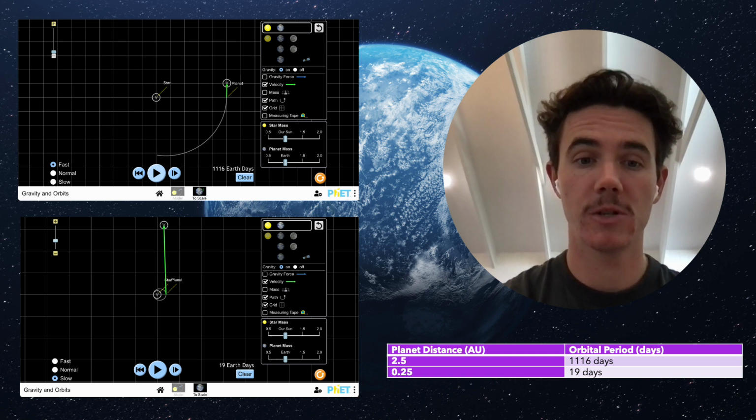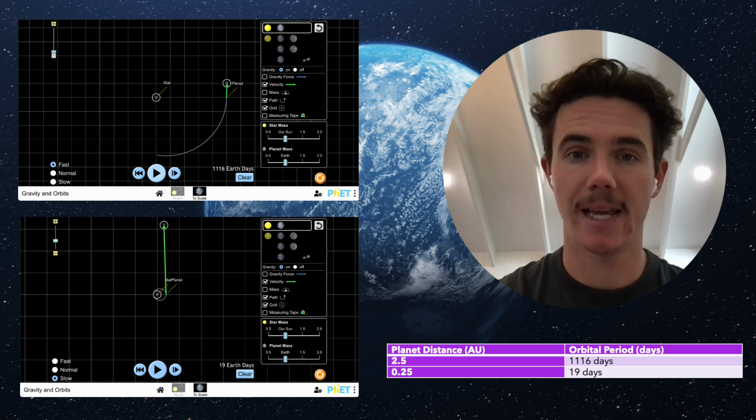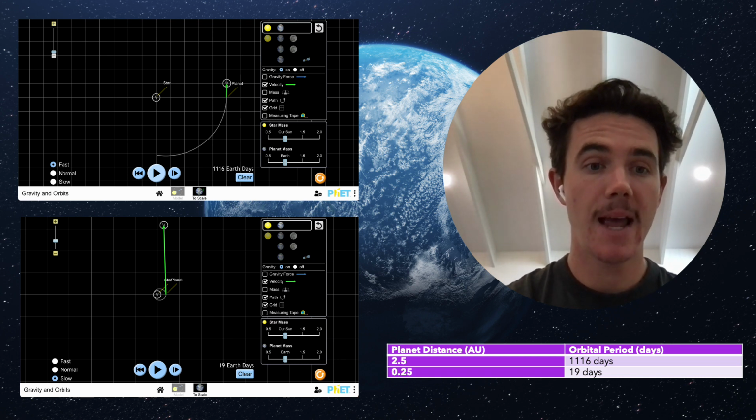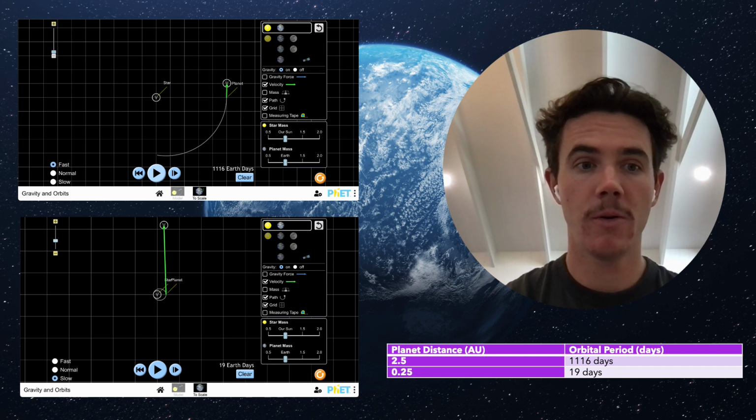We've gone almost as small as we can to 0.25 AU, which has completed a very small orbital period of 19 days. Now, this does follow Kepler's third law, as we would expect. As the orbital distance gets smaller, the orbital period is less. So as the planet gets further away, the orbit is more. As the planet is closer to the star, it is less.